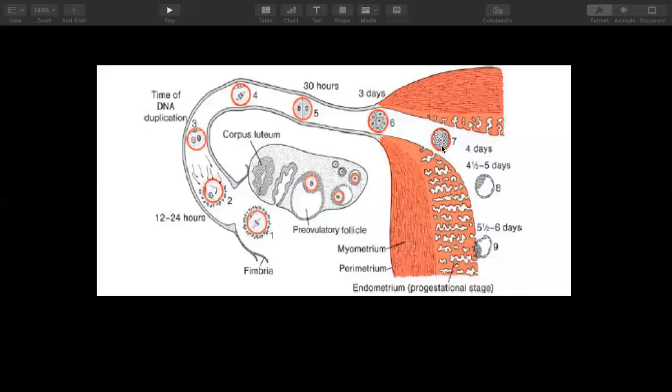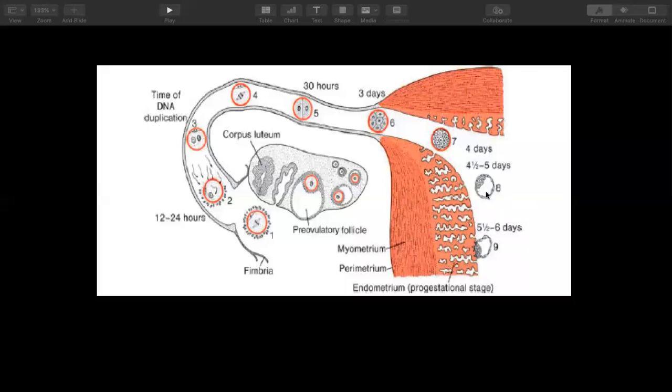What is happening here? You can see the brownish red color covering the zona pellucida that is getting shed off. And you can see that around 7th day, this is the wall of the uterus. The uterus has 3 layers, if you still remember: perimetrium, the outer covering, myometrium, and endometrium.